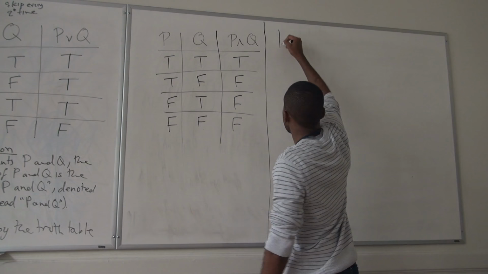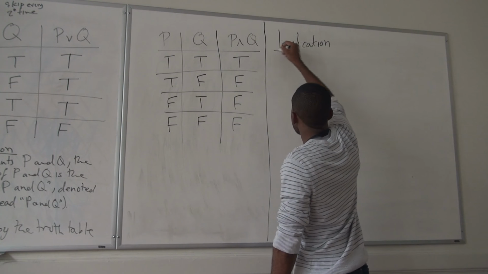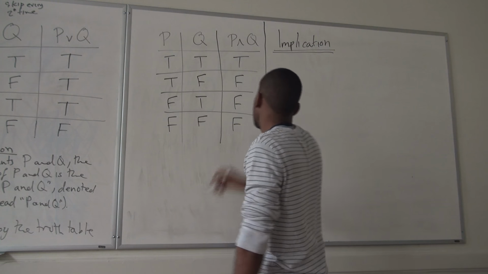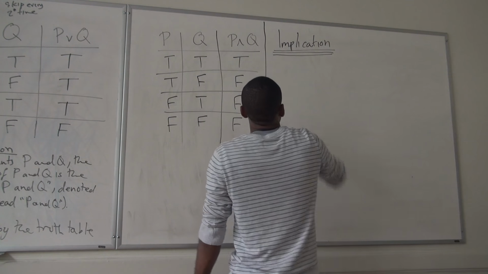The next important kind of statement is called the implication. Triple underline, it's a super important kind of statement.